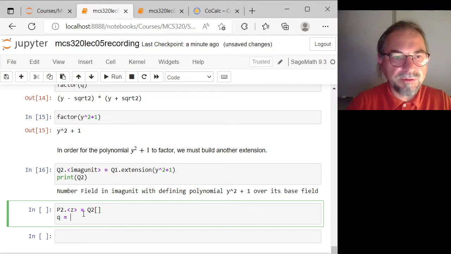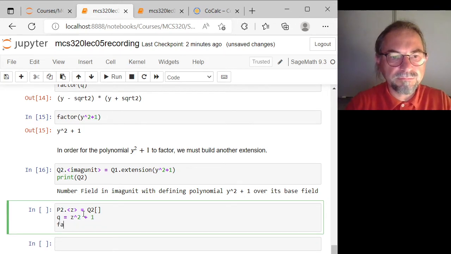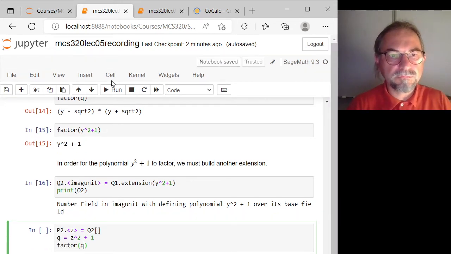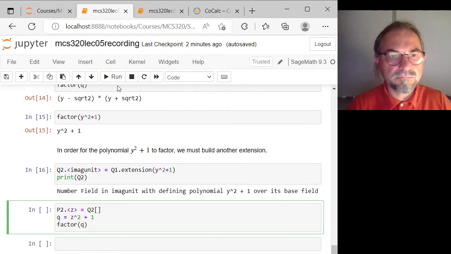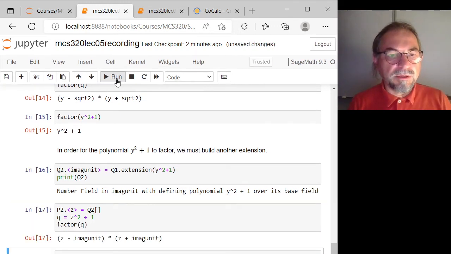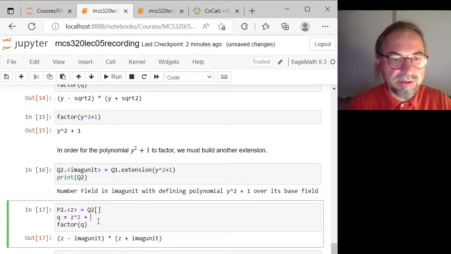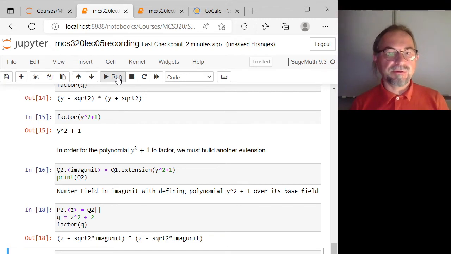So let me use q is z squared plus 1. Now this polynomial factors, and actually the polynomial x squared plus 2, that's actually what I wanted to show, also factors. So I have added the square root of 2 and I've added the imaginary unit to it.